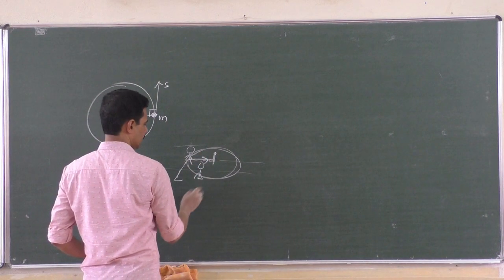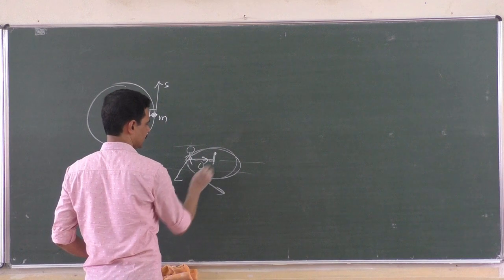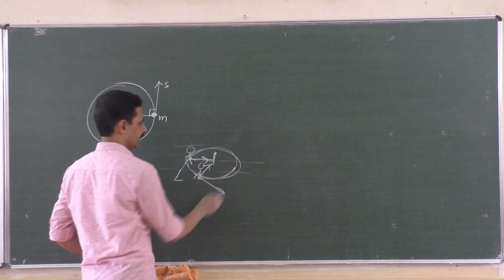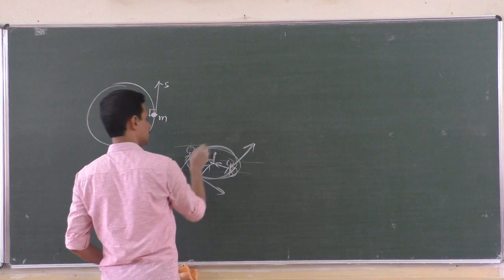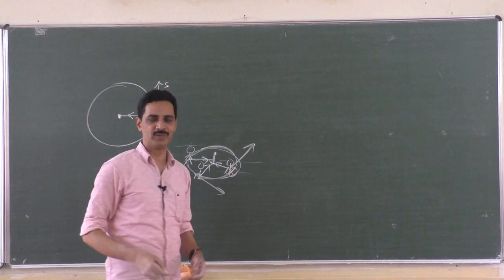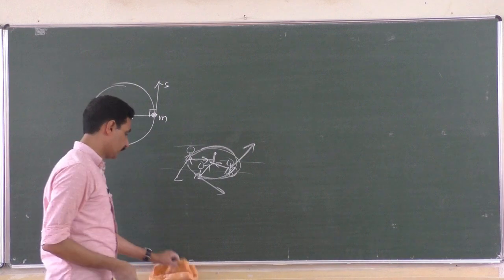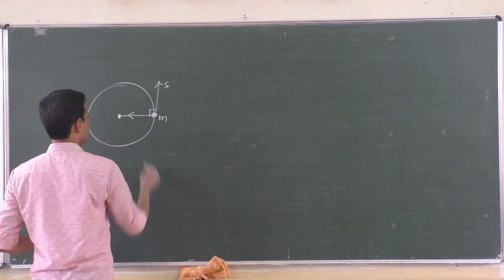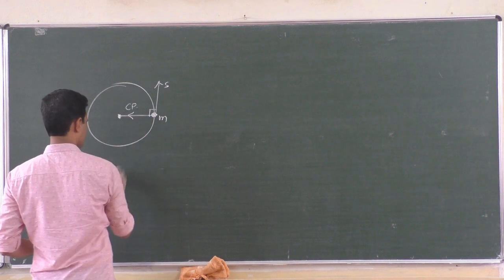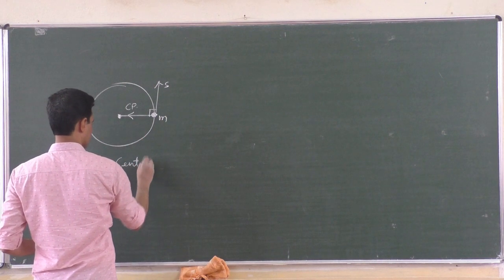When you are here, even if you try to move like this, the force brings you into the circular path. Here if you try to move tangentially, this force brings you like this. So you will keep moving in the circular path. Force and displacement are perpendicular, and the path is circular. This acts like a centripetal force. So what is centripetal force?